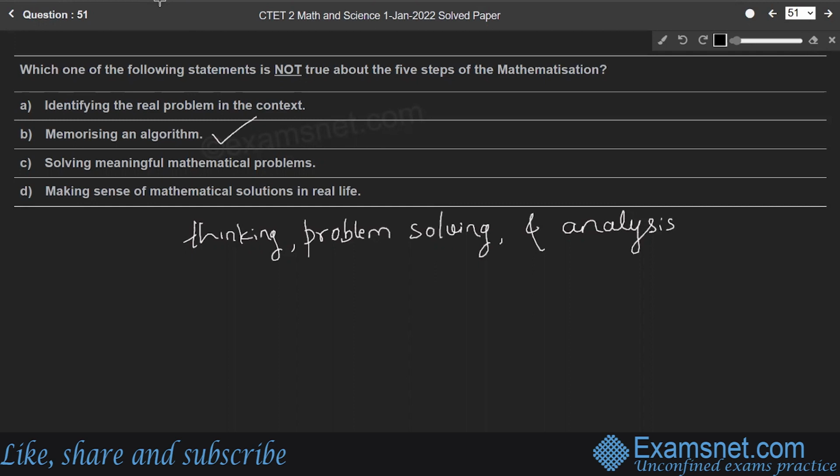Even the formulas in mathematics are not memorized, right? But derived and obtained whenever they are needed by solving a particular sequence or process. So memorizing an algorithm is not true about the 5 steps of the mathematization. Hence, option B is the right answer.